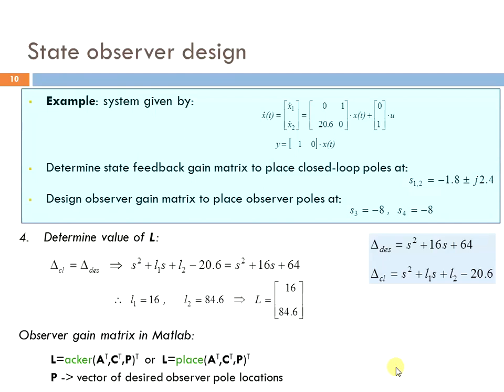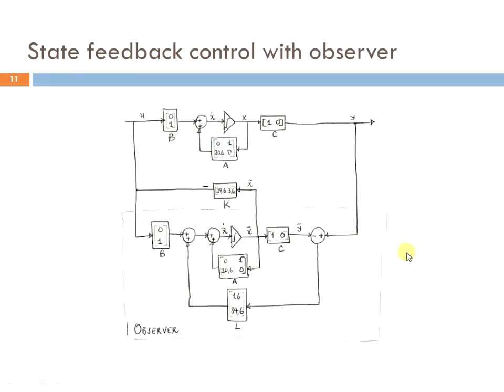For any dimension of a system, when it comes to observer design, the hand calculations become quite involved for systems of order 3 and greater, and that is where computational tools such as MATLAB are very useful. So for the system that we have been looking at, this is what it would be implemented like.